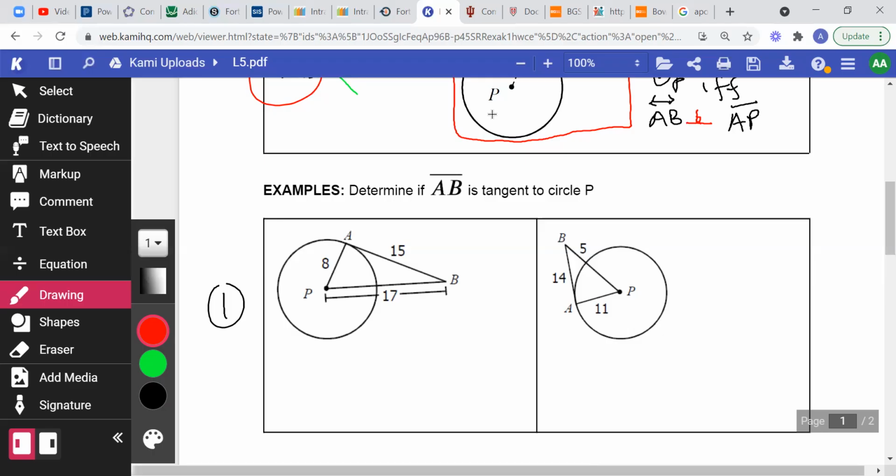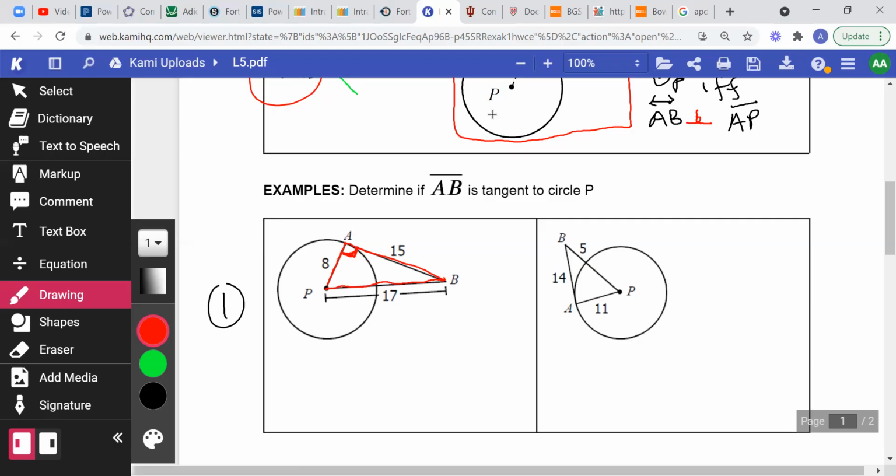PA. Okay, PA, good. Since the radius and the tangent line form a right angle, if we join P to B, then we're going to have a right triangle, isn't it?